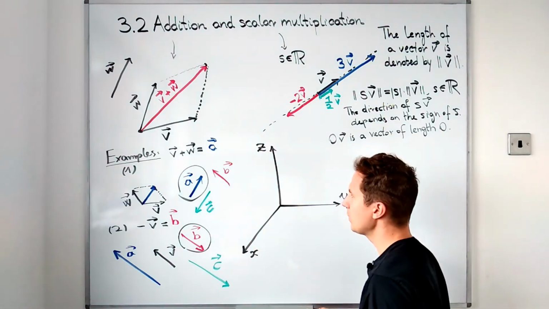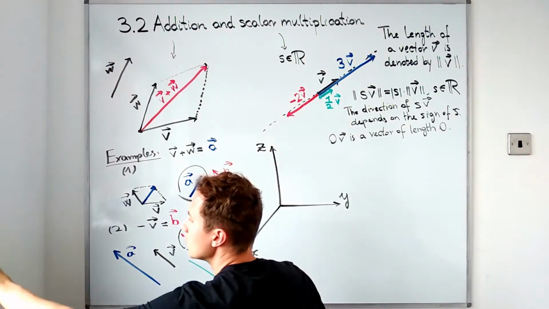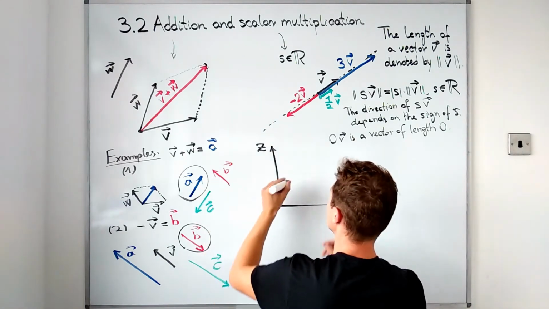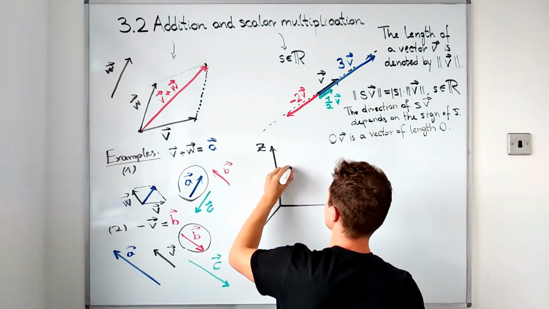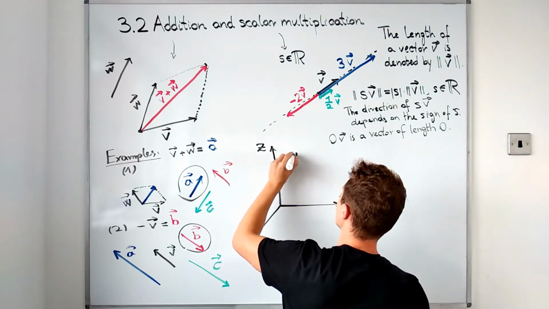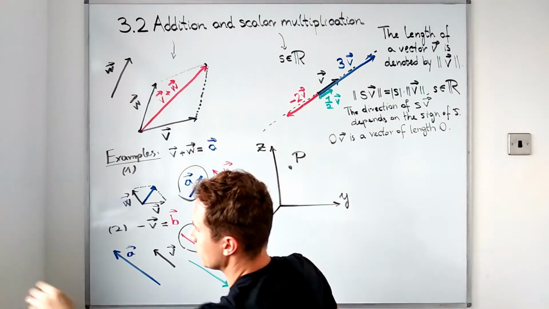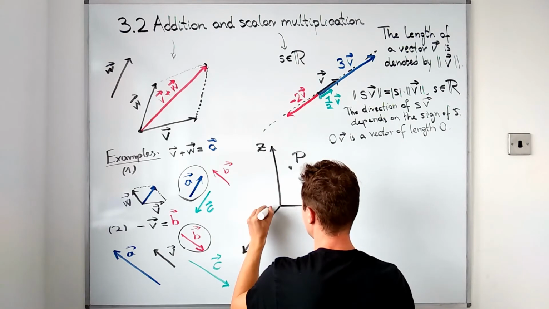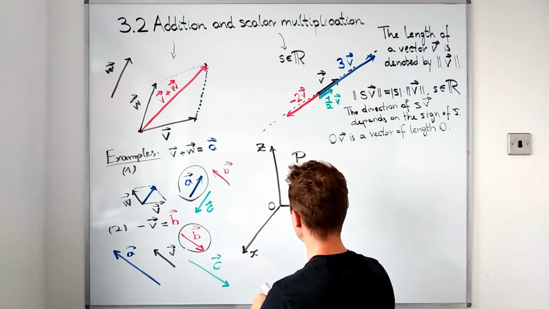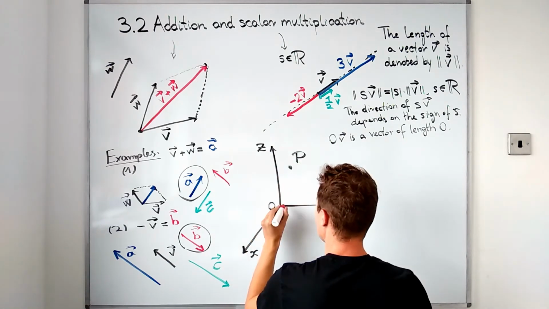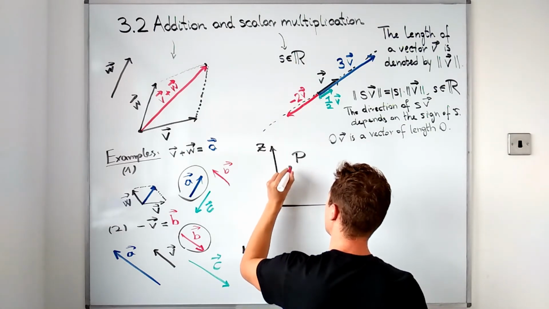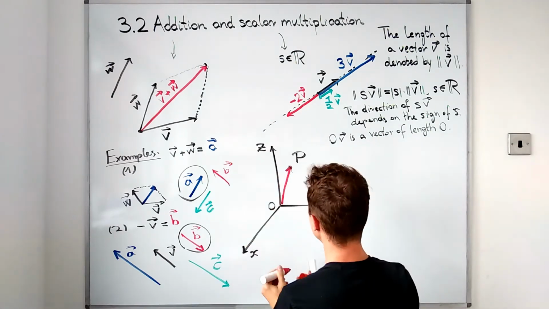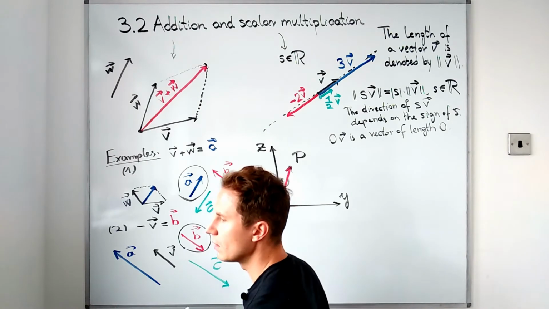And I want to specify a point in space. Let's say here is that point, P, in space, using vectors. So what do I do? Well, I have this special point, the origin, in the intersection of the axes, and I have the vector going from O to P, that is the OP vector.